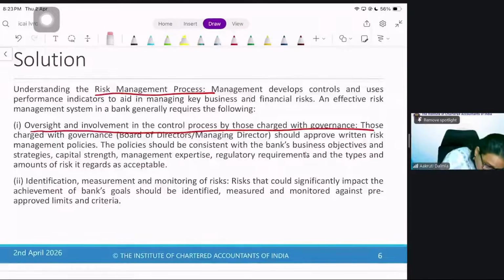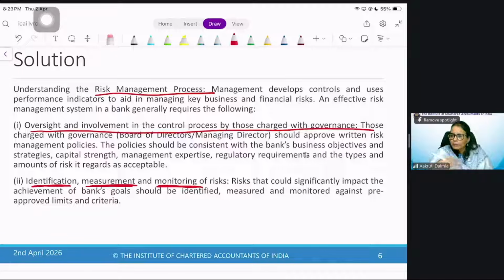Second, how do you identify the risk, measure the risk, and monitor the risk? Identify का मतलब, let's say I'm working in a bank, okay?